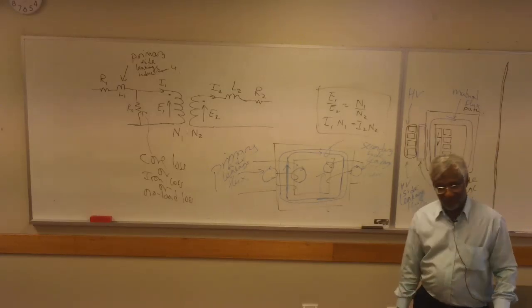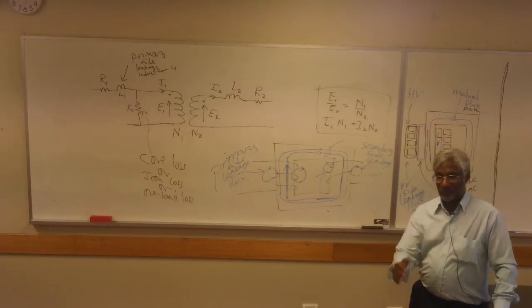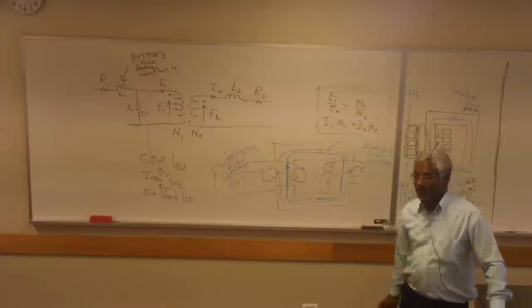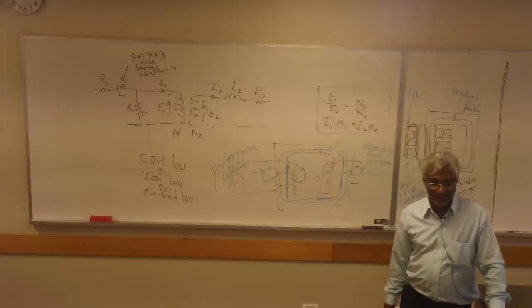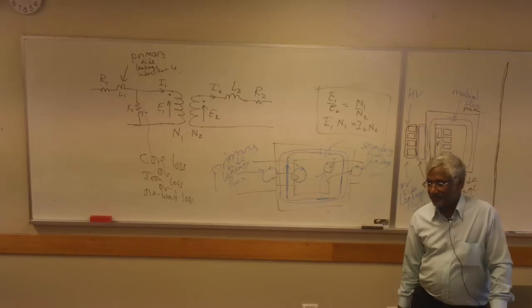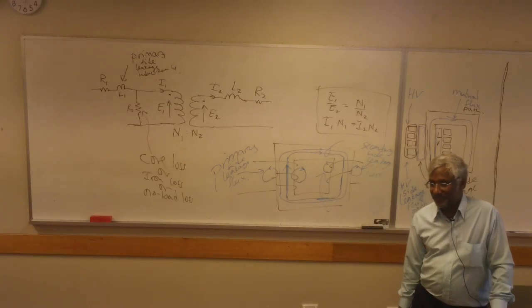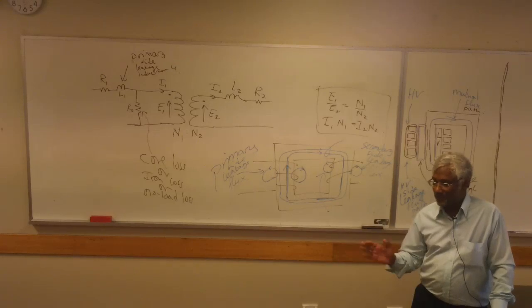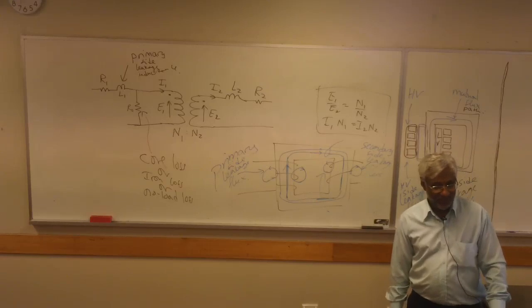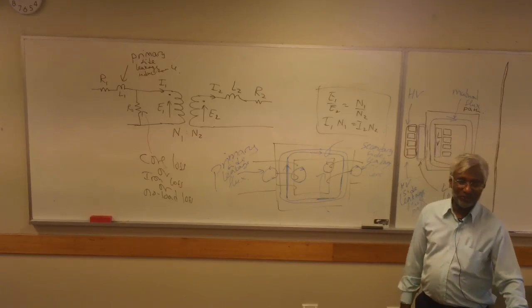So what material property would you like that would give you flux for 0 magnetizing current? I want flux with no current. What material property should I be looking for?